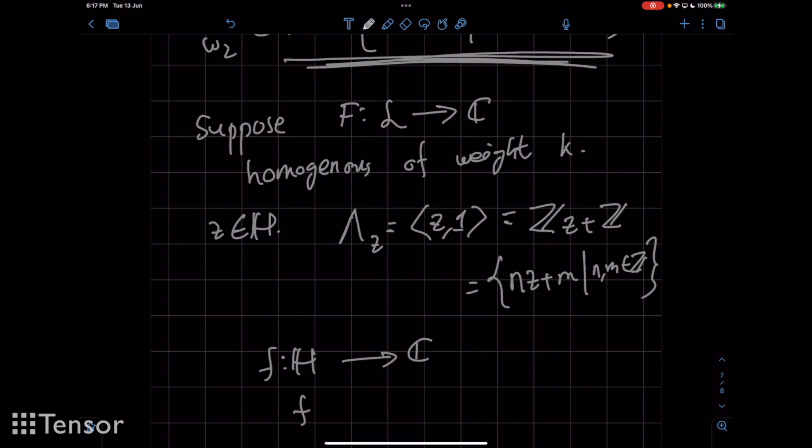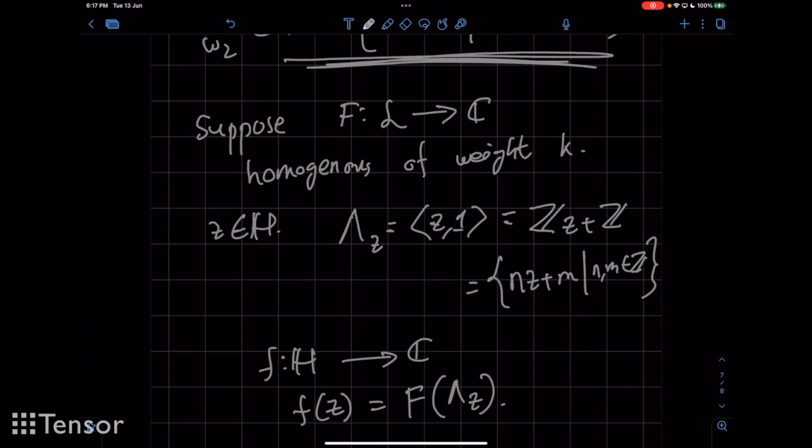Then I can define a function from the upper half plane to the complex numbers, defined as small f of z is equal to capital F of lambda sub z.